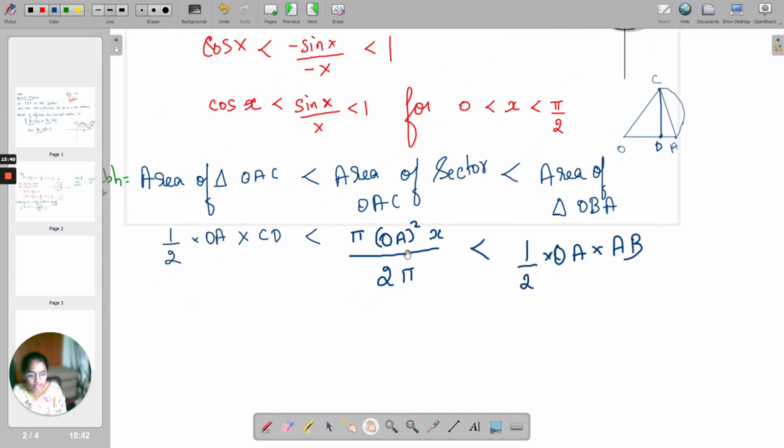We have OA here, OA, OA, right? And I can cancel even the 2. Here pi goes away. So I would get here CD less than OA into x. This is less than AB.